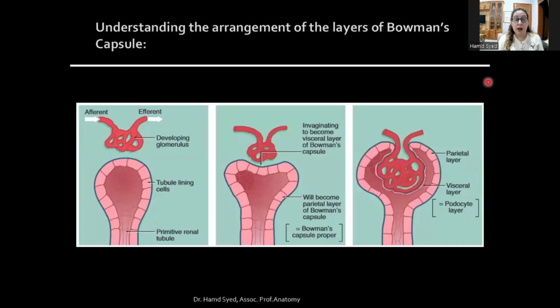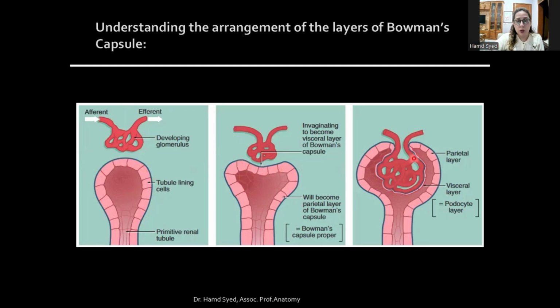If we want to understand how the layers of Bowman's capsule are organized, this is a very simple series of diagrams which shows the development or formation of the Bowman's layers. You can see here the tuft of capillaries, a developing glomerulus with the afferent and efferent arteriolar ends. And this here is the tubule, with tubular cells lining the primitive renal tubule as the glomerulus extends into the Bowman's capsule.